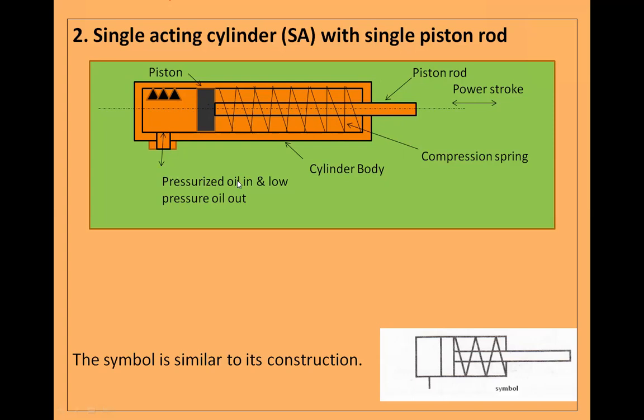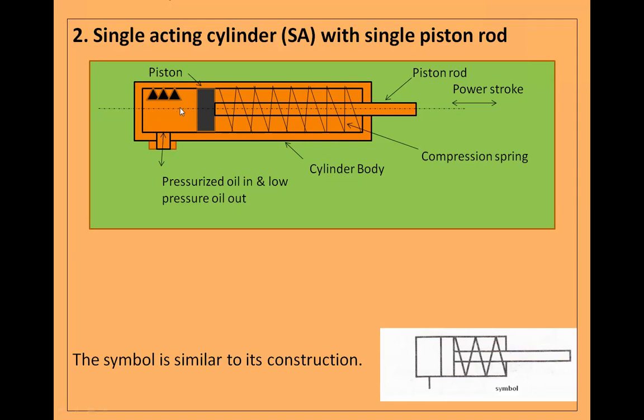When pressurized oil comes inside this cylinder, the pressure of that fluid acting upon the area covered by the oil inside the cylinder exerts a force on the surface of the piston.